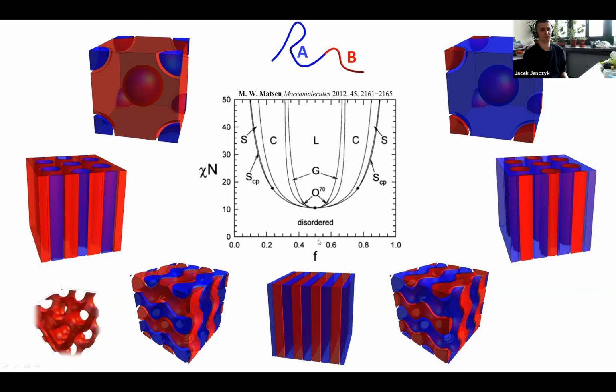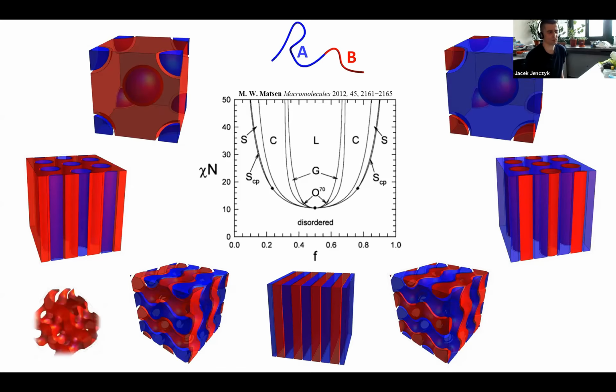So intuitively, when we have a volume fraction of 1:1, let's say 0.5, somewhere here, we end up with a so-called lamellar system. The very unique feature of this kind of system is that they undergo microphase separation.